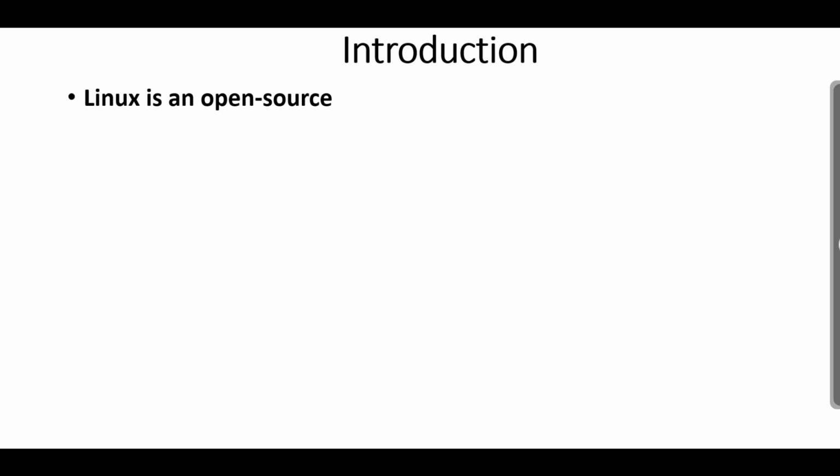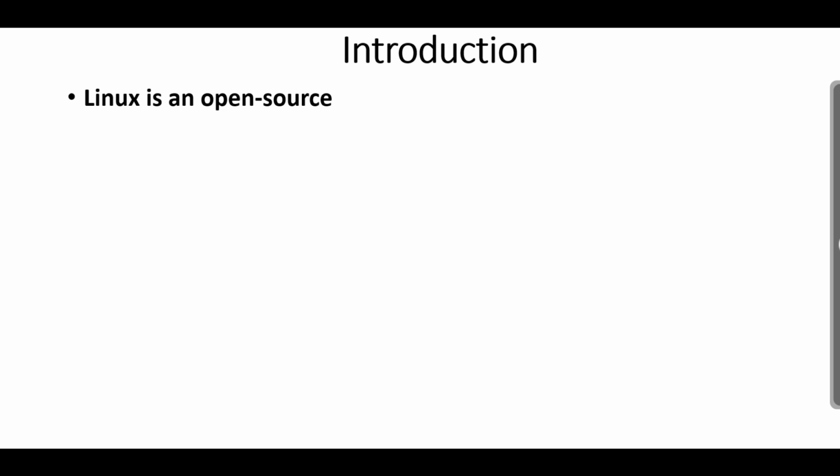If you want to modify it or add some features into this Linux operating system, yes, you can do it and you can create your own operating system. Okay, so that is why you can see many companies, many versions, many flavors in Linux operating system, which we are going to discuss. But open source is nothing but free.